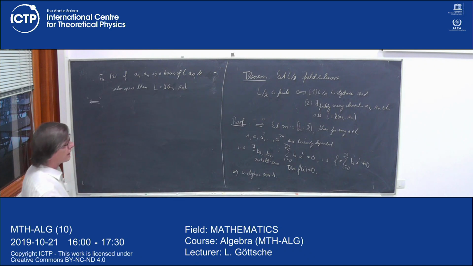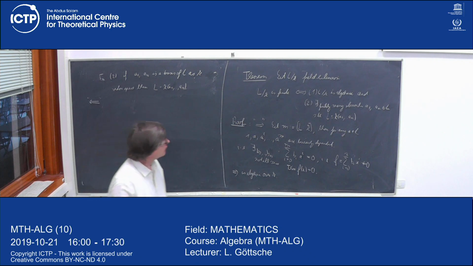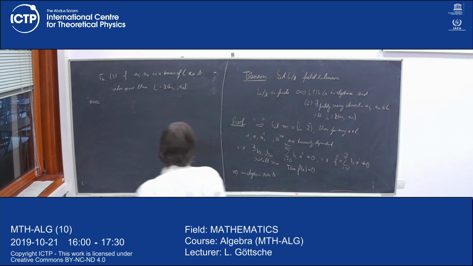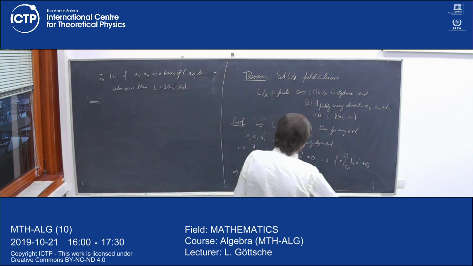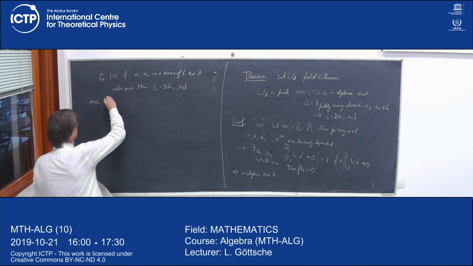So I make induction on, so what do I want to prove? I want to show that if I am in this situation, it's algebraic and there are finitely many elements, then it's finite. So assume the number of elements is n, so make induction on n.